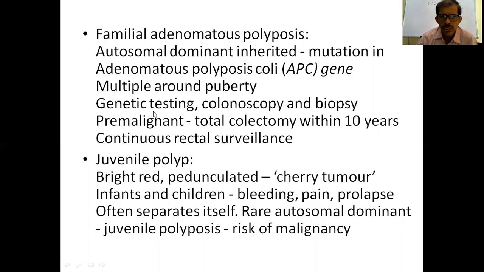So you have to do genetic testing, colonoscopy, and biopsy. If the person has APC gene mutation, it is highly desirable that we do total colectomy as early as possible. Before 10 years, the patient should be rid of the colon, and because it is also common in the rectum, you have to be thorough about surveillance.